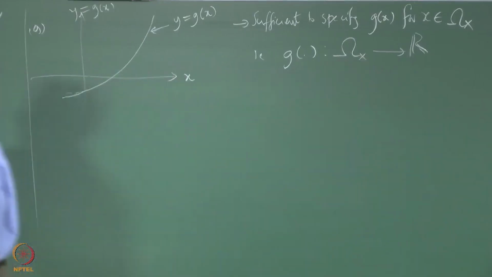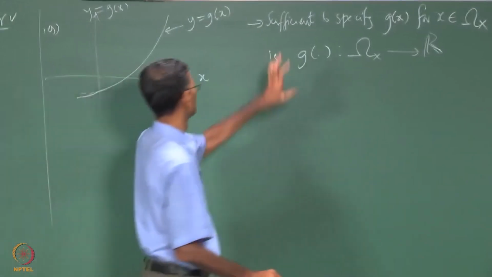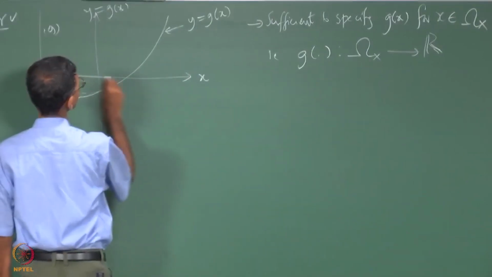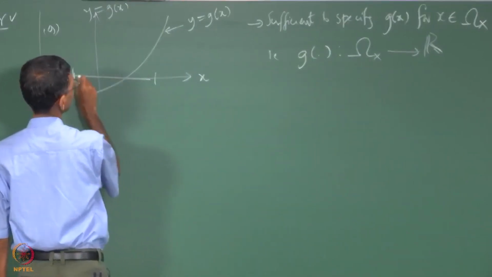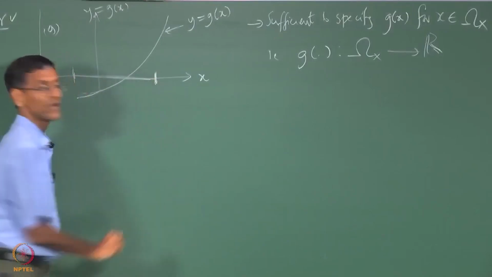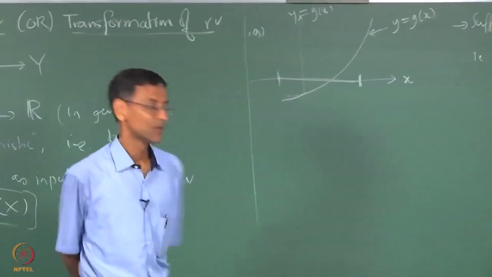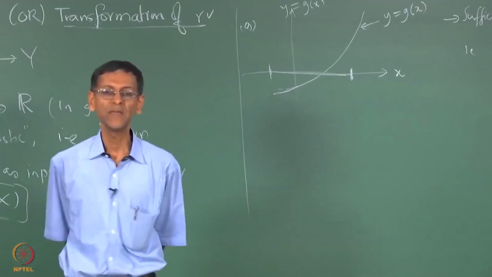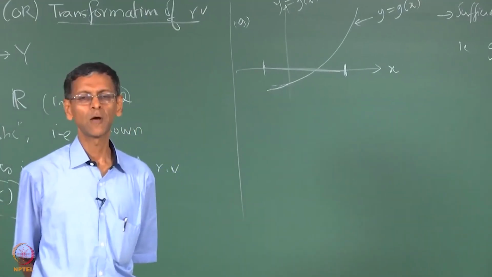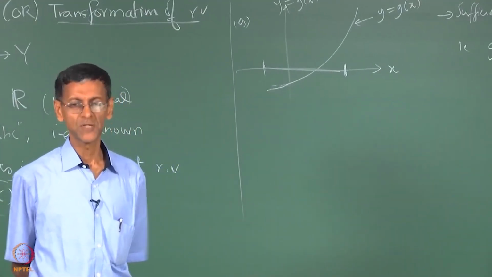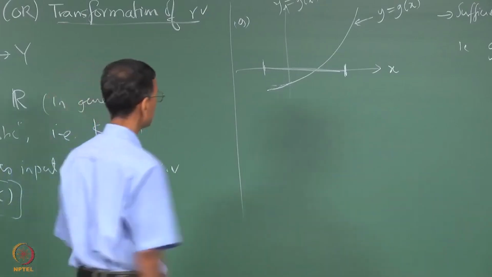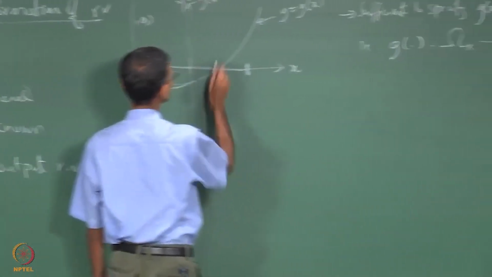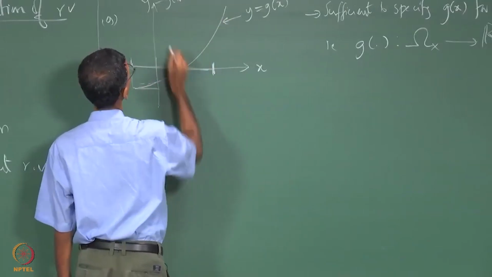Supposing this is my omega x, let us say my random variable x is only going to take values in that interval. What does this mean on y? First of all, what is the set of values I will observe at the output?